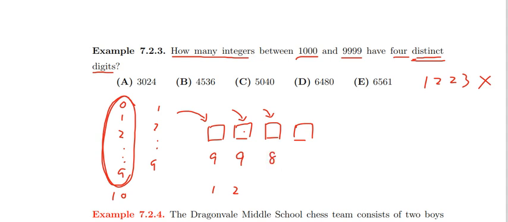So now suppose the third one is 0. Then for the last position it cannot be 1, cannot be 2, cannot be 0, so it can only be 7, right? So the count equals 9 times 9 times 8 times 7. Okay, so it should be this number.